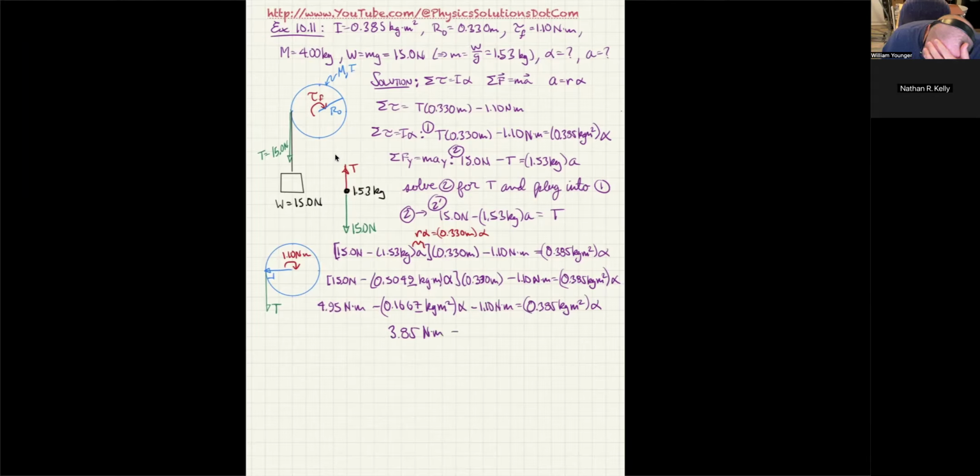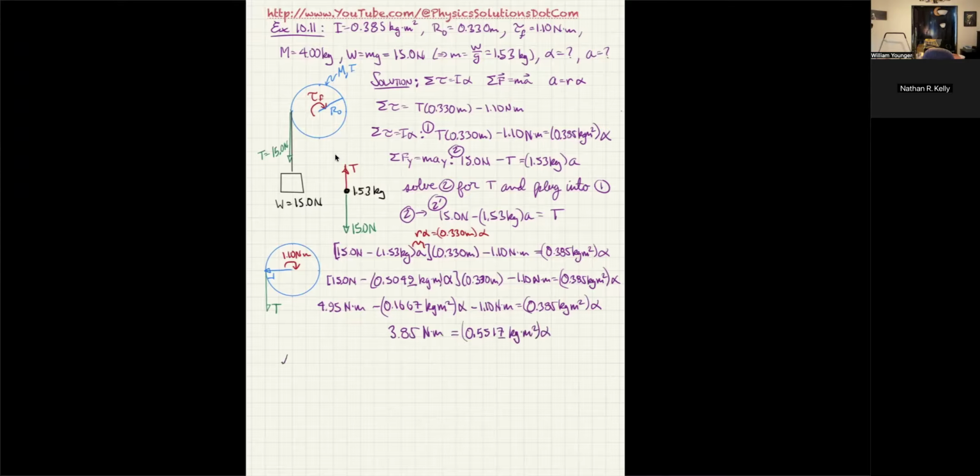But on the right hand side, it's going to be 0.385 plus 0.1667 with one extra digit there, and that's going to give me 0.5517, and that's kilograms times meter squared times alpha, like that.